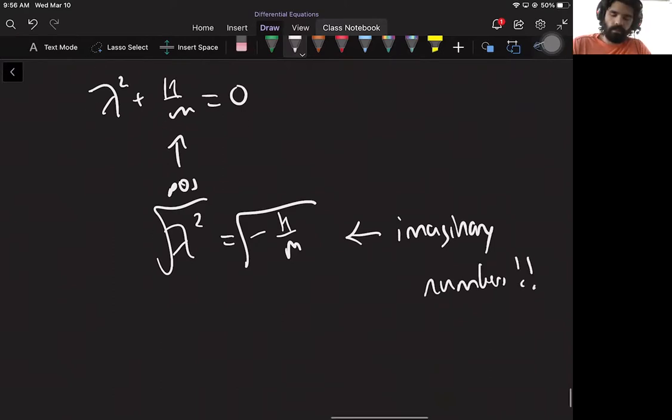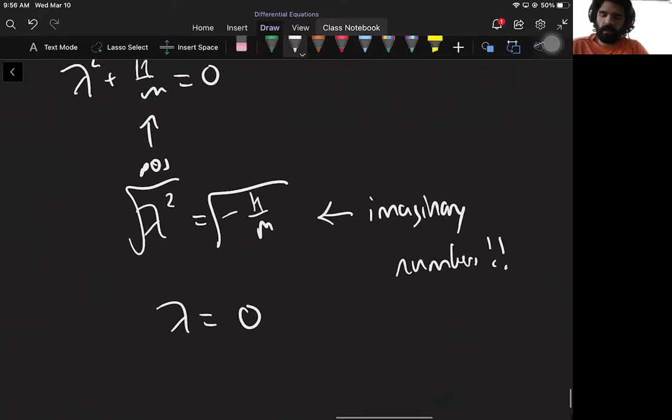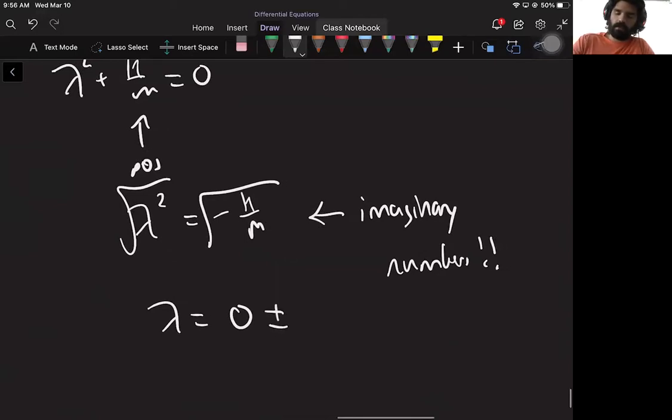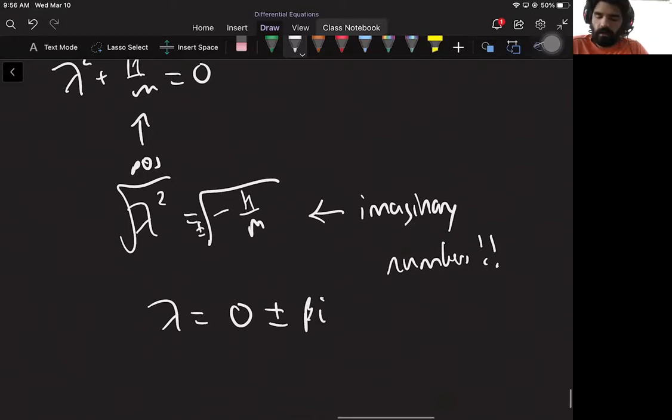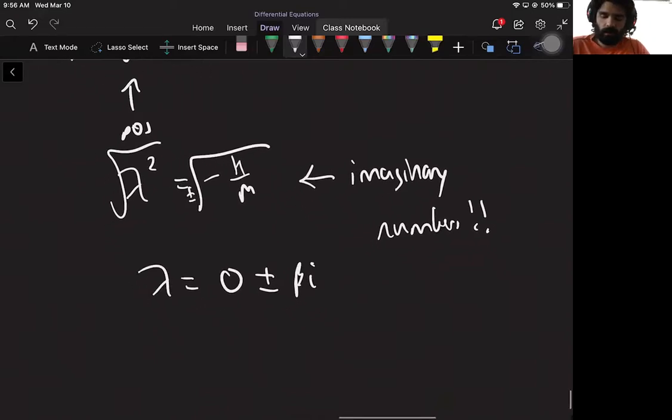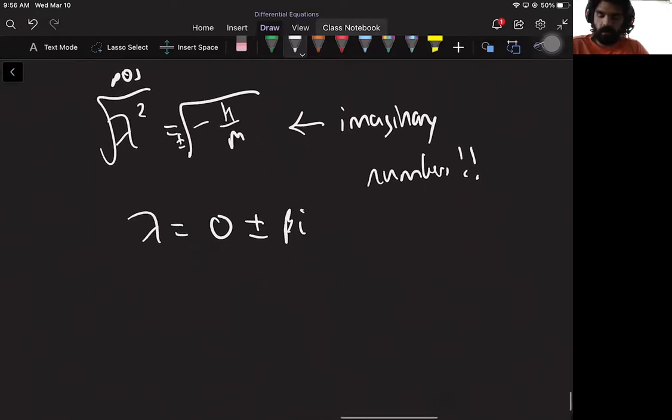But there's no real part of this imaginary number, so it's always going to be 0 plus or minus some beta i, instead of being like 5 plus or minus beta i.